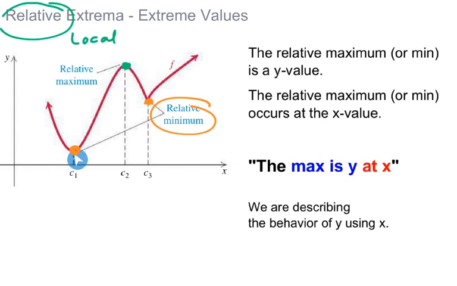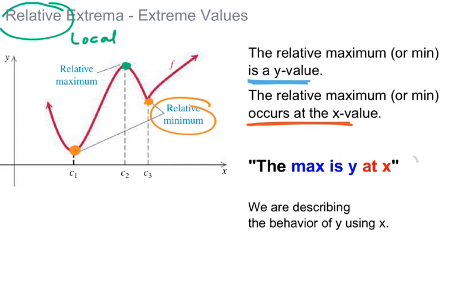All right, and even though C sub 1 appears to be the lowest point here, C sub 3 is also relatively low. So when we talk about the relative maximum or minimum values, the relative max or min is y and it occurs at x.